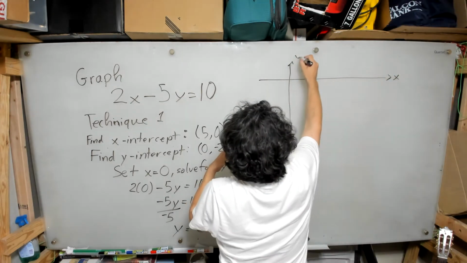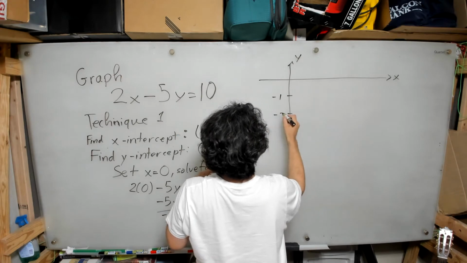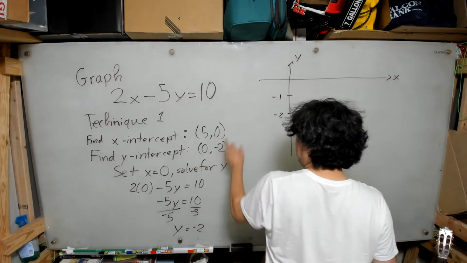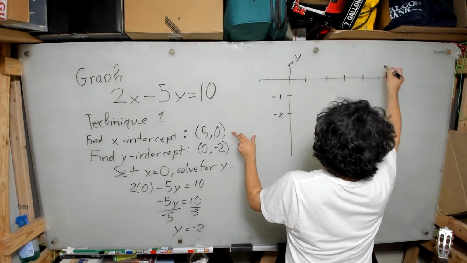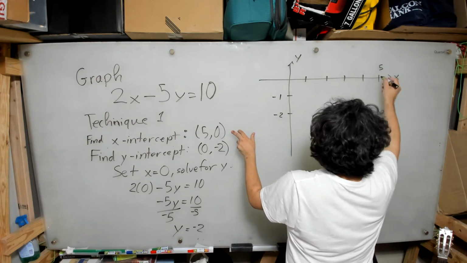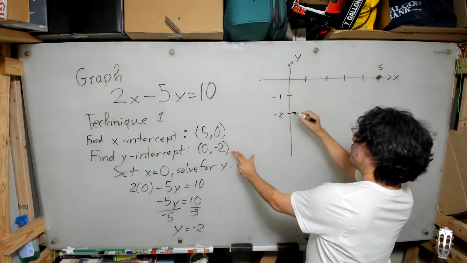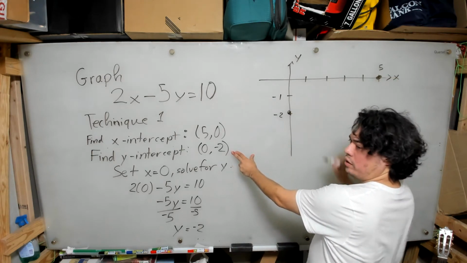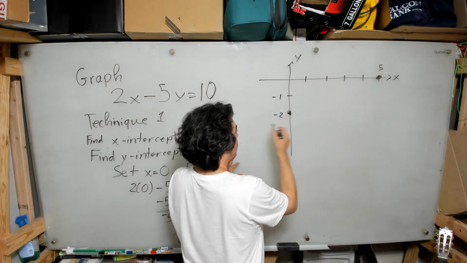This is my y-axis. This is maybe -1, this is maybe -2. Then for my x's, I have 1, 2, 3, 4, 5. I can plot the point (5, 0) here, and the point (0, -2) here. And then I can draw my line through these 2 points.